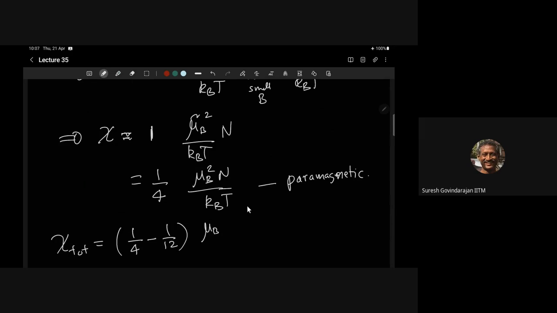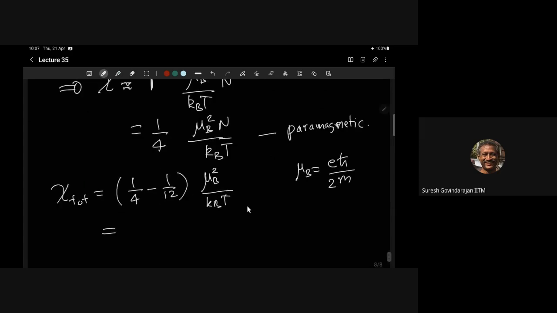Hopefully this is all correct. So then 3 minus 2, so it is.